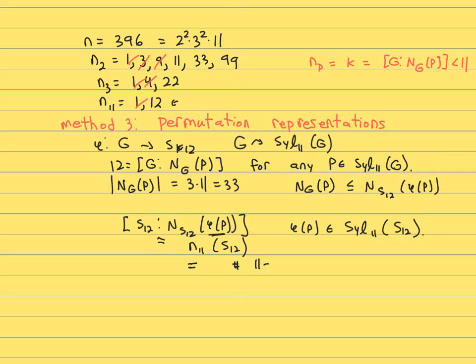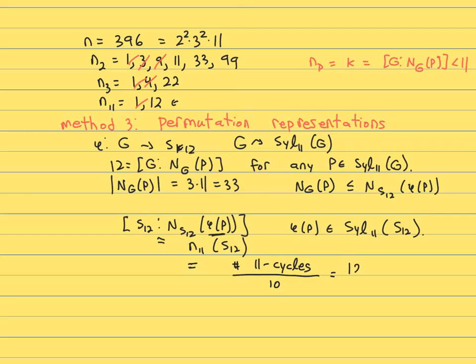So you can take the number of 11-cycles and divide out by 10 to account for the fact that in any corresponding group, there are going to be 10 different 11-cycles in the same group. And so how many 11-cycles are there in S12?